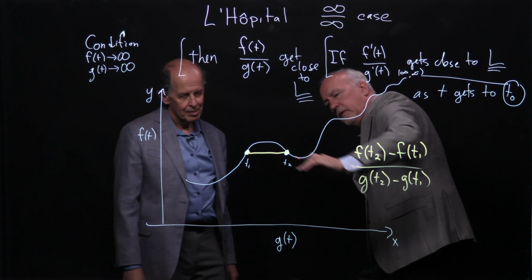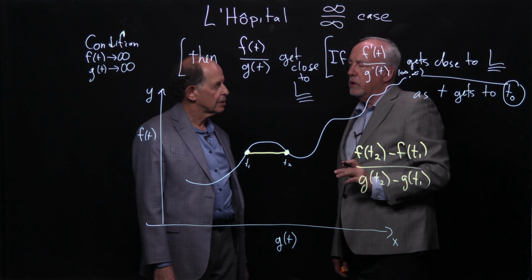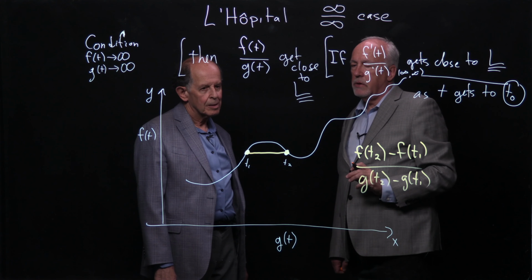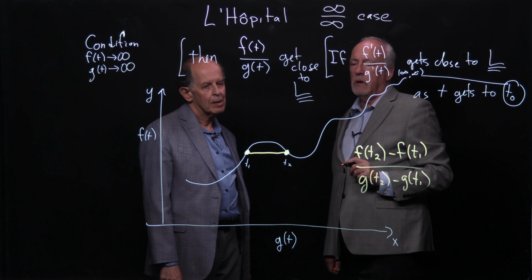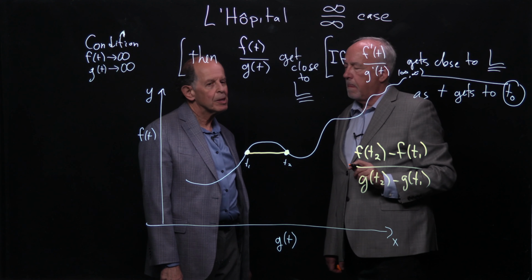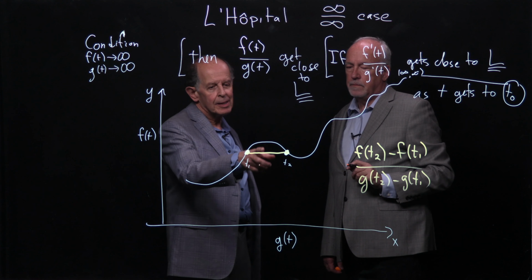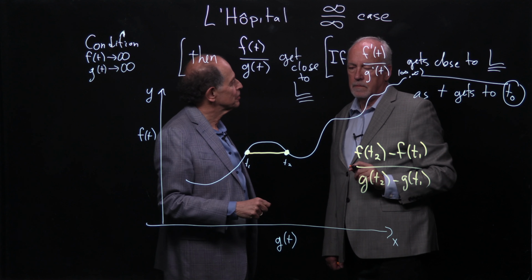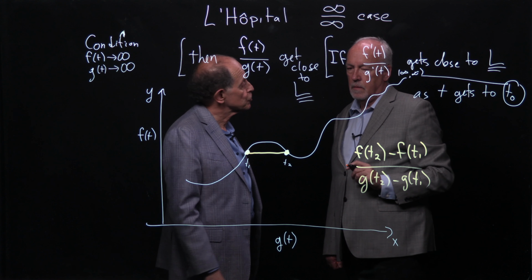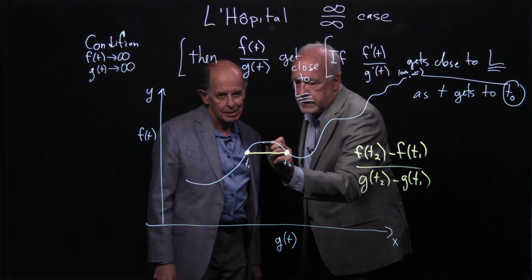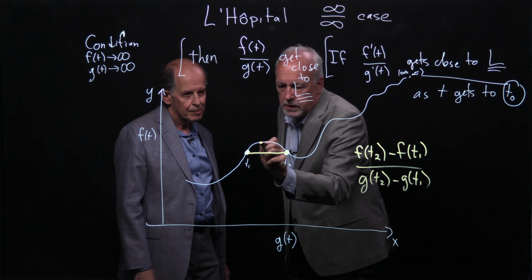I have a little bit of a slope. But do you remember what the Cauchy mean value theorem told us about this? If I have two little points on a secant, there is a place somewhere in between t1 and t2 where the tangent has the same slope as the secant line. So here, this is roughly at this point.